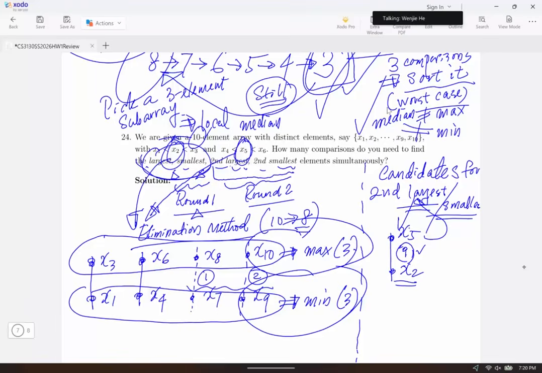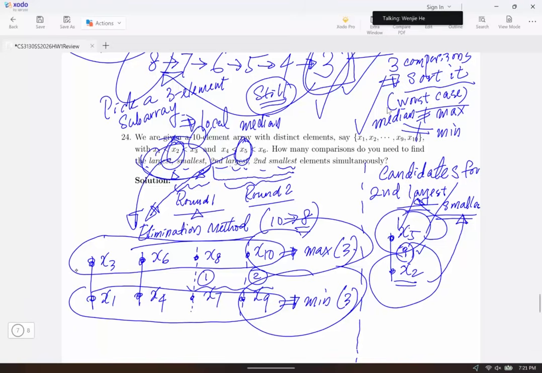But x2 is qualified for the second smallest. So we put x5 in the candidate group for the second largest element, and x2 in the candidate group for the second smallest element. Two candidate groups.